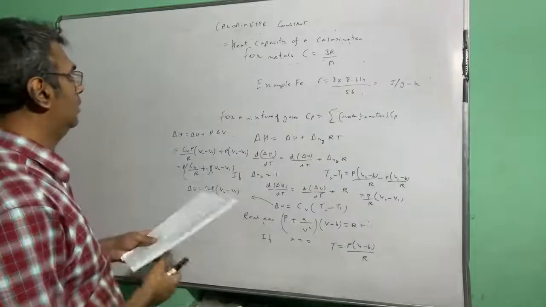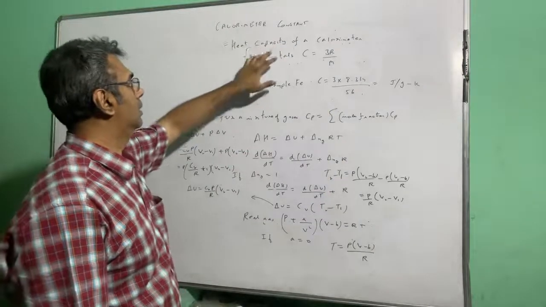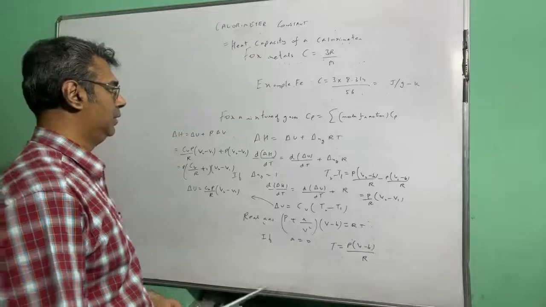Okay, next term we have is the calorimeter constant. It is the heat capacity of a calorimeter.